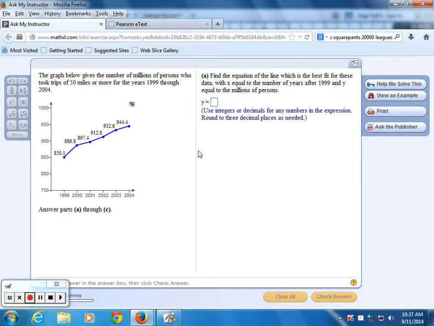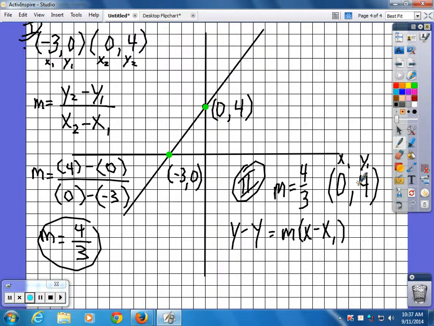Now, when you plug and chug, y minus parentheses is equal to parentheses times x minus parentheses. 4/3 goes here, 4 goes here, and 0 goes here. I'm going to take this to the next page.